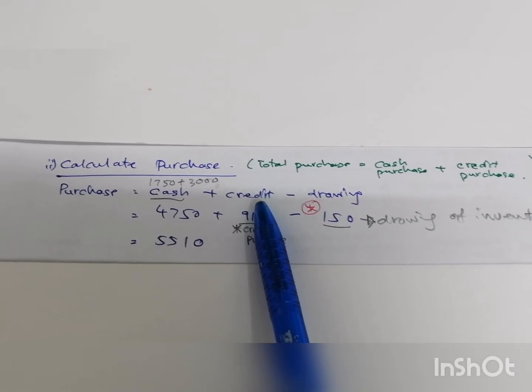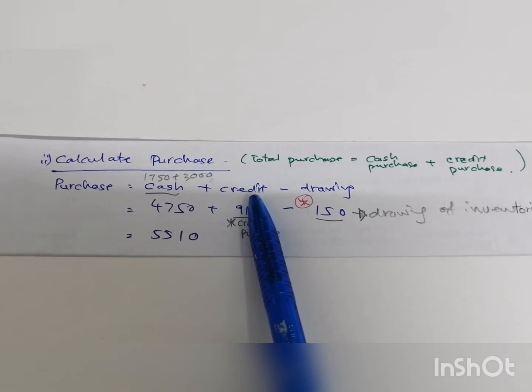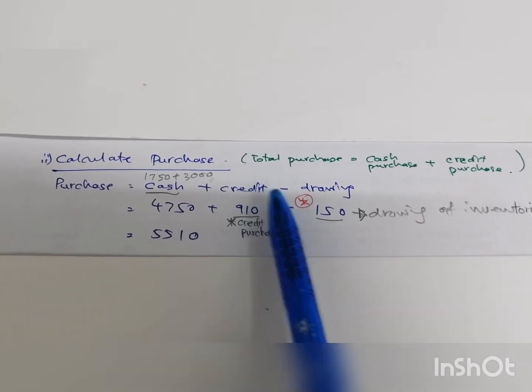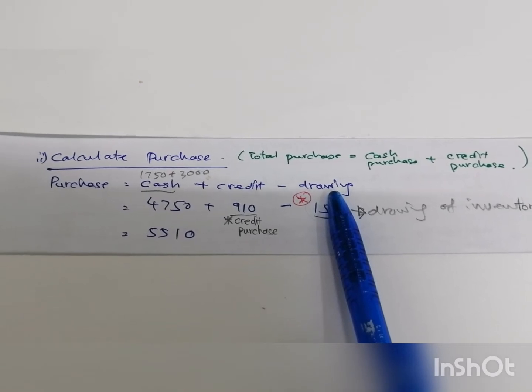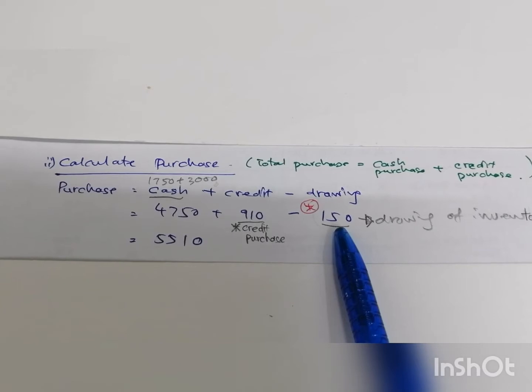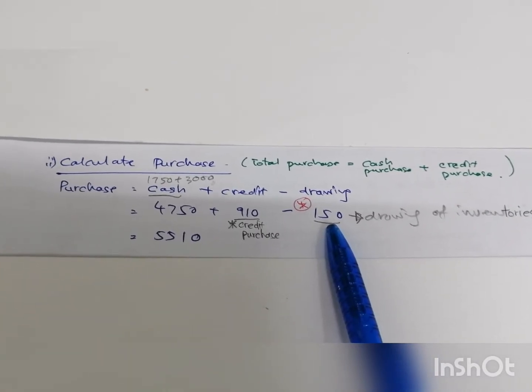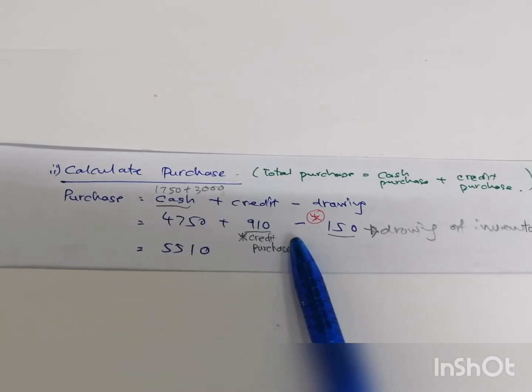Credit purchase, we must do it by the T account way, then we will find out how much. Minus drawing is given in additional information B, so drawing is 150. So let's see, how do I get the 910 here?